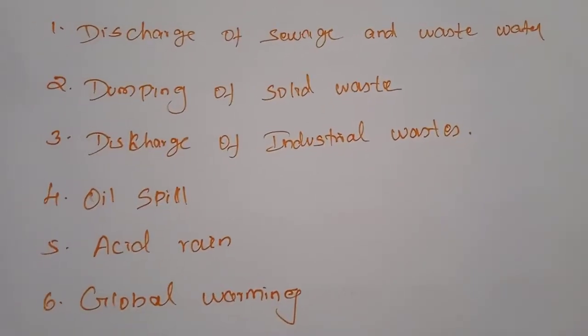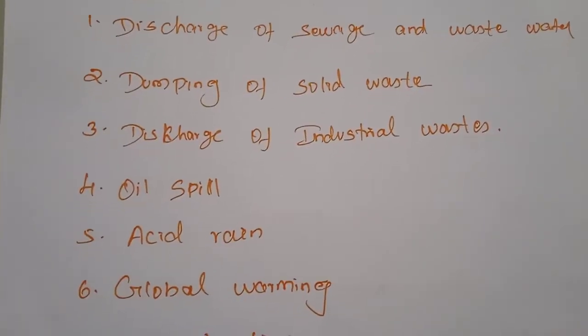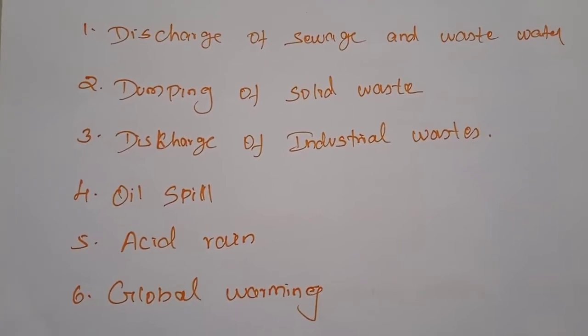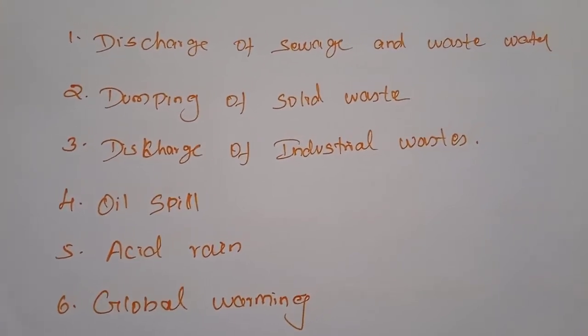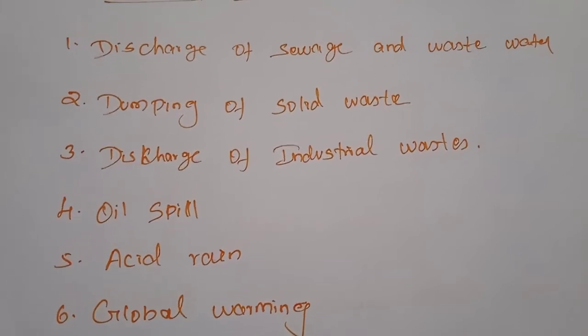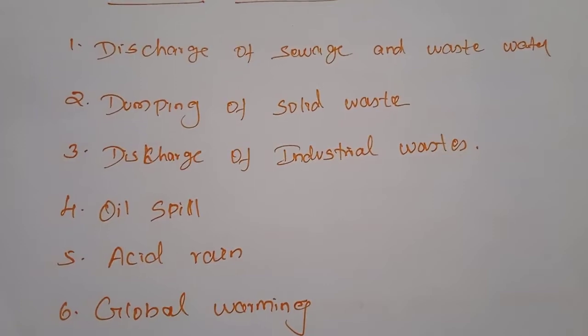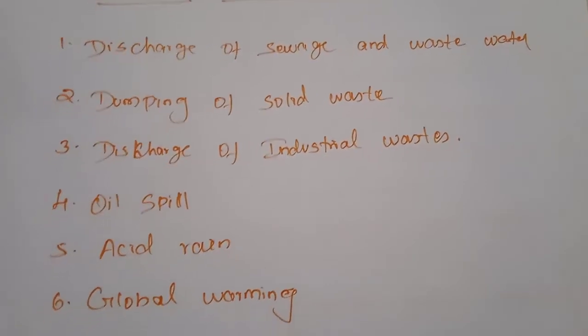Next, discharge of industrial waste. So industrial waste contains pollutants like asbestos, lead, mercury, grease, oil and petrochemicals, which are extremely harmful to both people and the environment.